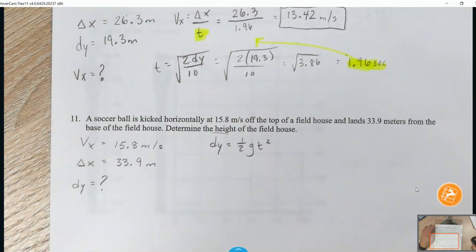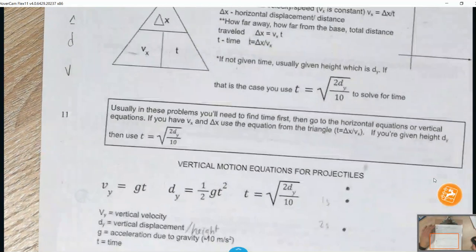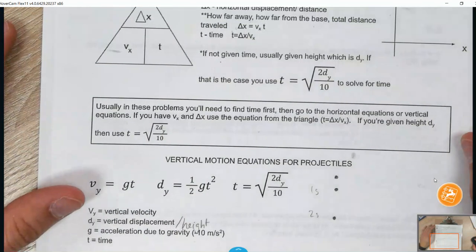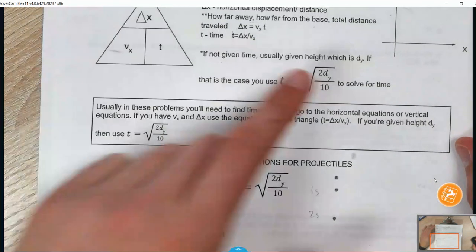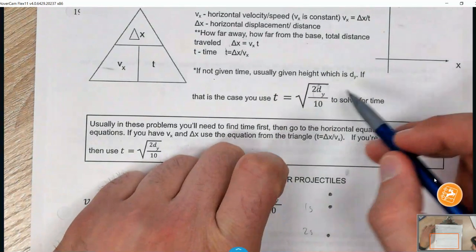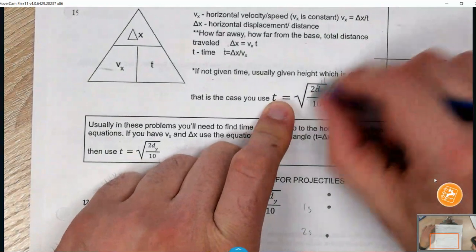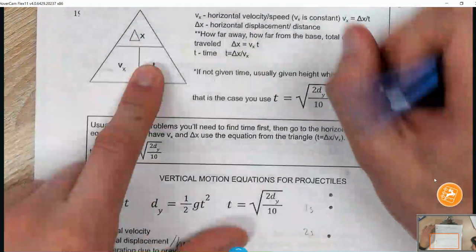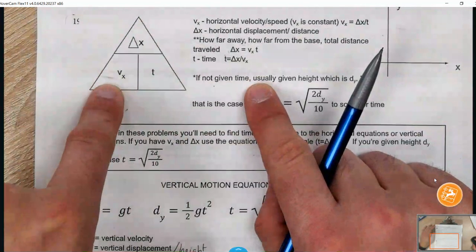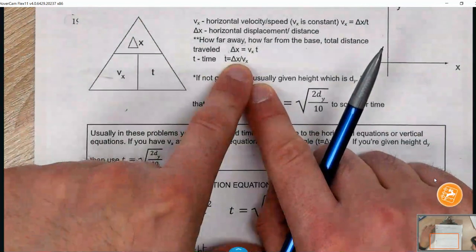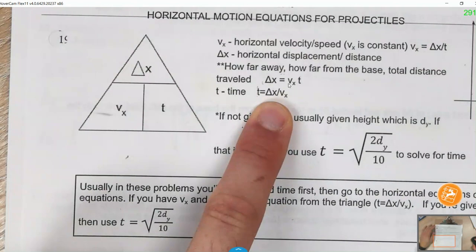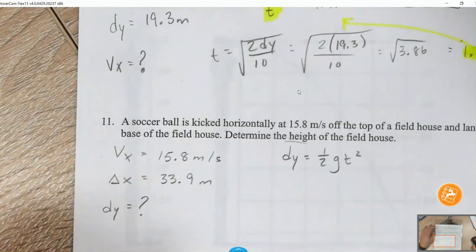Side quest. I know it happens in most of the problems. So, okay, I can't use this equation to find t because I'm looking for dy. So that doesn't work. So if that doesn't work, that means you pretty much have to be given Vx and delta x. So you're going to use this equation to find time: delta x divided by Vx.